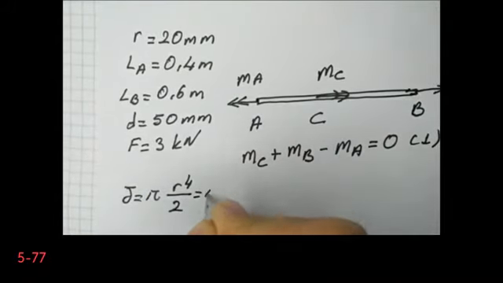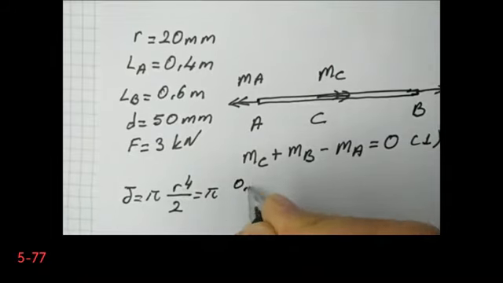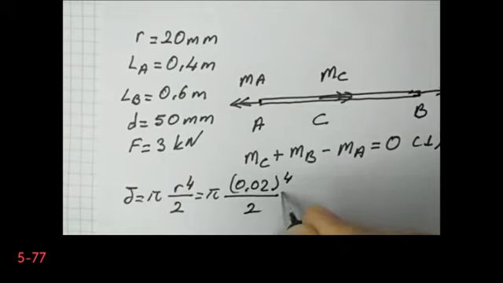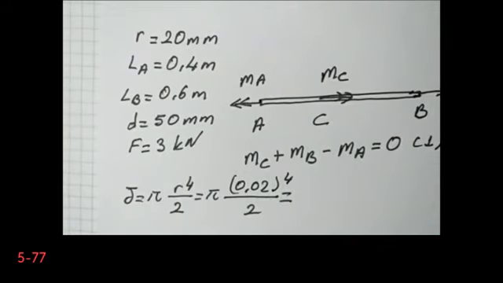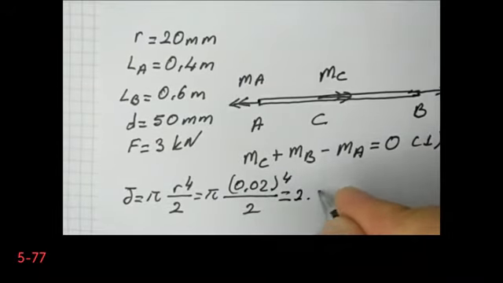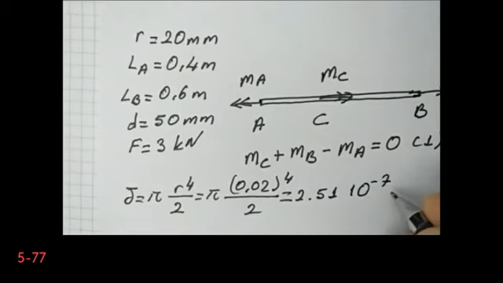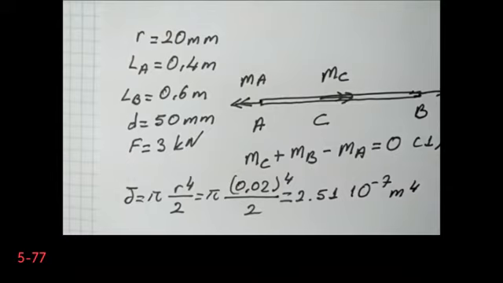So this is pi times 0.02 to the power 4 divided by 2. If I do the calculation, the value that I will get is 2.51 times 10 to the power minus 7 meter to the power 4. Now I need to draw the torque distribution.